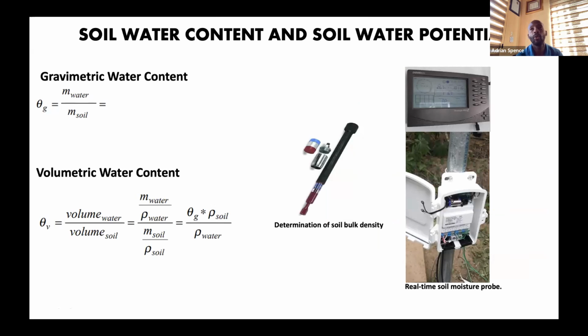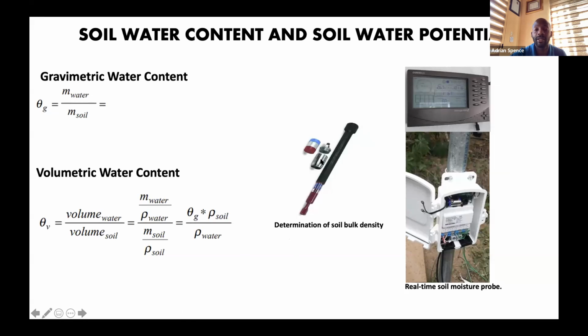But generally, when you're looking at soil water, there are two things that need to be considered. One is the content, and one is your pressure potentials. Now, there are different ways of measuring water content. You have some real-time ways, pictured here, and then you have the conventional way, which is essentially the gold standard of determining soil water content.